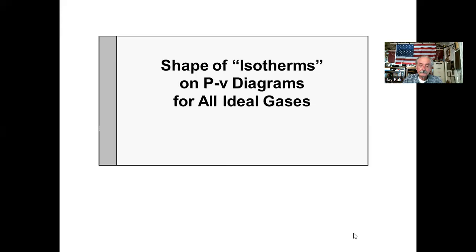So what I want to cover now is, what's the shape of an isotherm on a PV diagram for ideal gases? Think back to video number 1, where I was drawing this crazy dog leg line for an isotherm on PV. Let's just look at an isotherm on a PV diagram for an ideal gas. Forget the vapor dome.